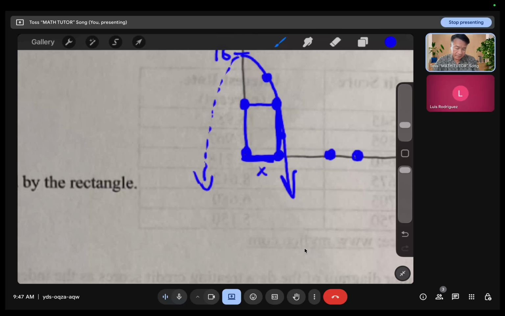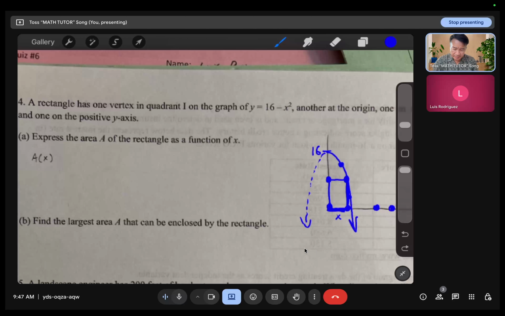So basically it's going to be x times the y value, but you have to do it in terms of x. So therefore it's going to be x times 16 minus x squared. Done.